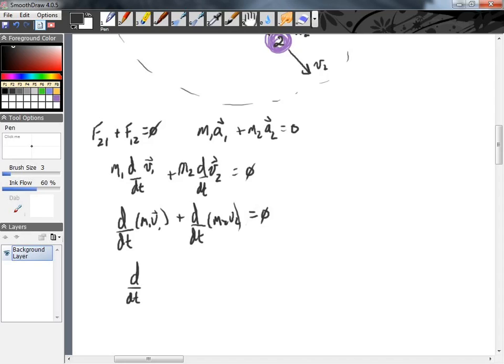Because this is a system, this could also be d/dt of (m1 v1 plus m2 v2), which equals 0. We know that because the sum of the derivatives equals the derivative of the sum, right? We're okay with this part.